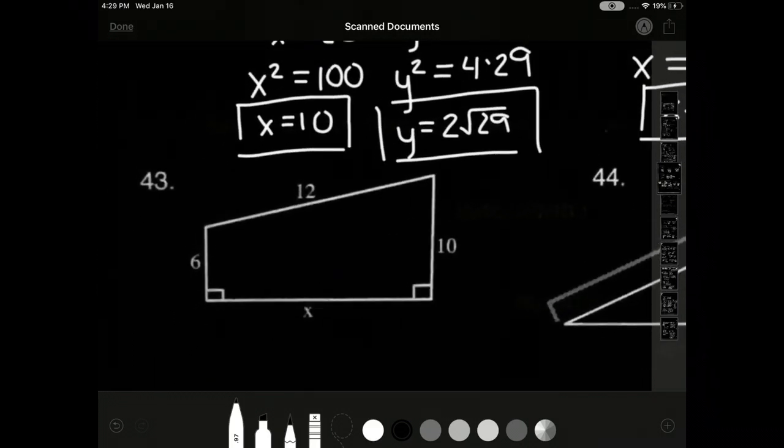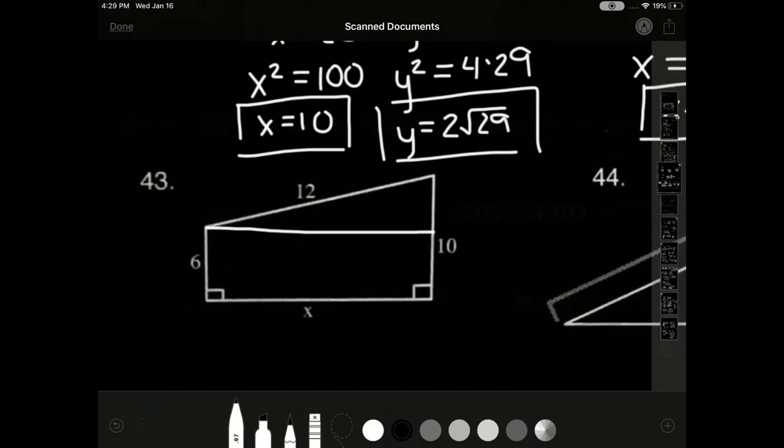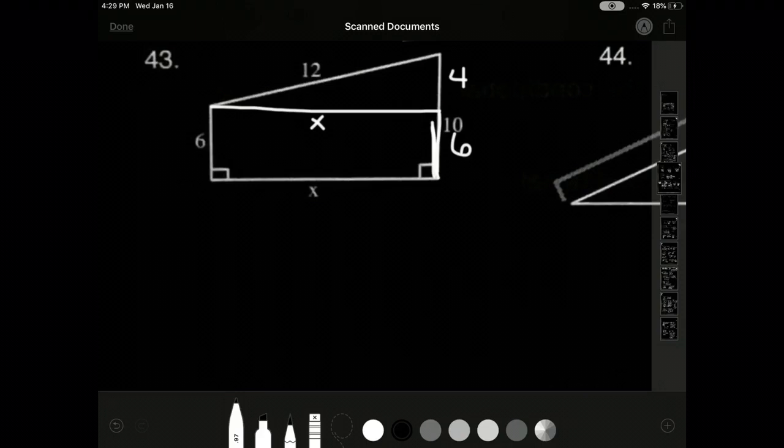In 43, we're able to actually take a line here and draw that. All right, so this piece is now x up here as well. And now this side is 6. Since the whole thing is 10, that means this little piece up here is 4. And we can go ahead and just do Pythagorean theorem for that one. And we get x squared plus 4 squared equals 12 squared.